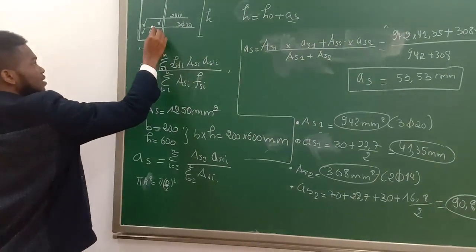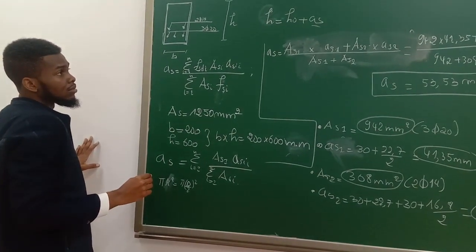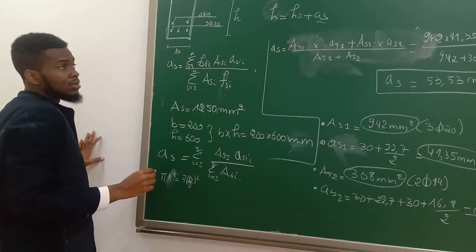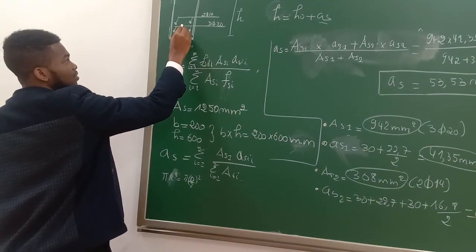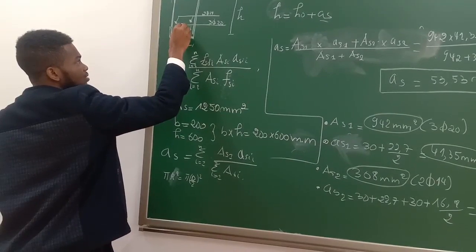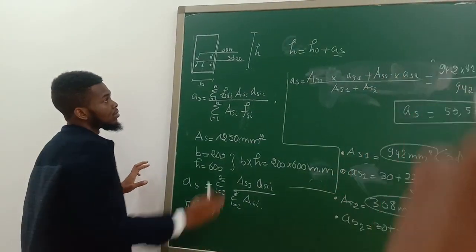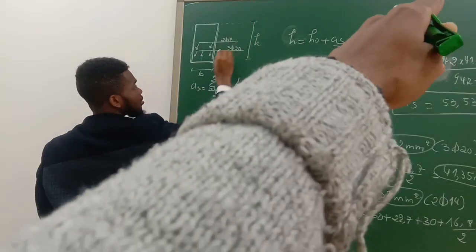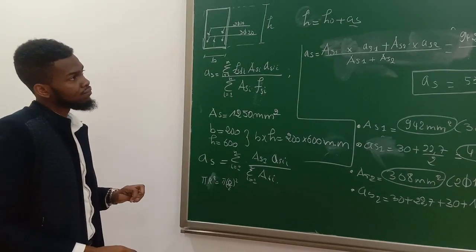Is it minus? H0 minus... no, it's plus. Are you sure? H0 will be the distance from here to there, and AS should be the distance. I mean the formula H equals H0 plus AS.